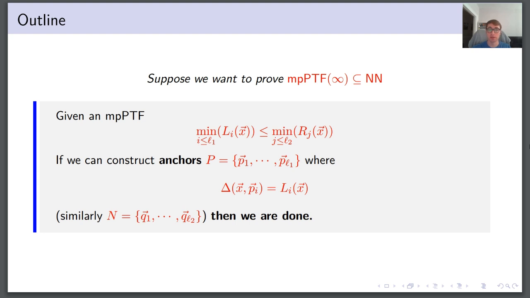So that would mean given a set of linear forms, we would want to construct anchors whose distances from a query point are precisely equal to the value of the linear forms at that query point. And then if we partition the left-hand side anchors into P and the right-hand side anchors into N, then we're done.